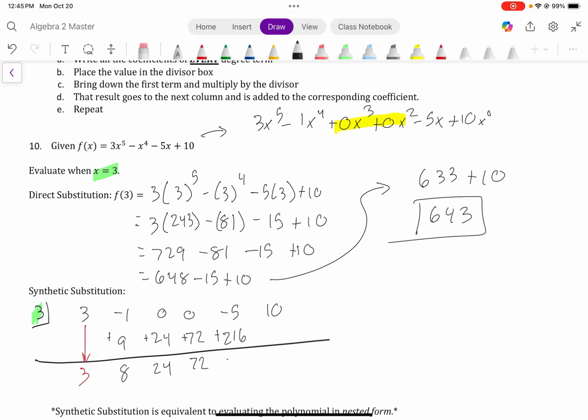Add that with negative 5, you get 211. 3, the green 3 times 211 is 633, plus 10 is 643. There's nowhere left to go. This is my answer.